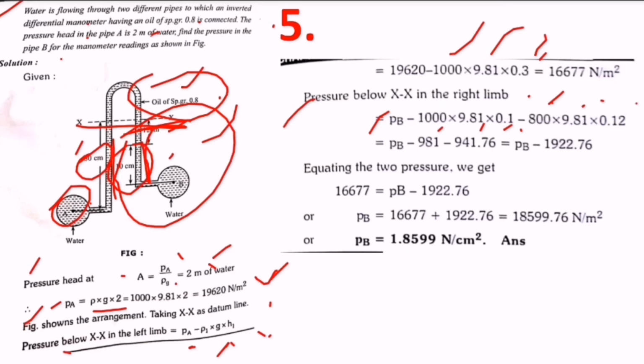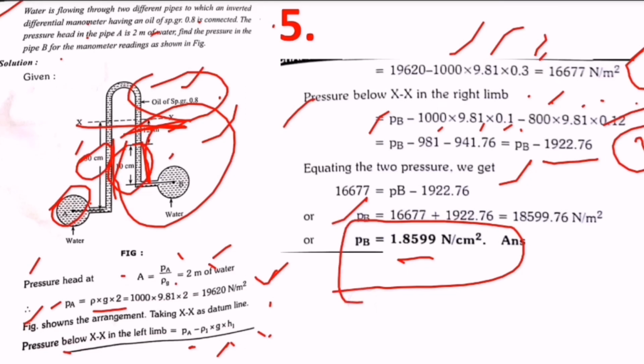So after substituting all these values, we will get PB minus 1922.76. So by equating the first equation and second equation, we will get PB equals 1.8599 Newton per centimeter square as the pressure in the second limb.